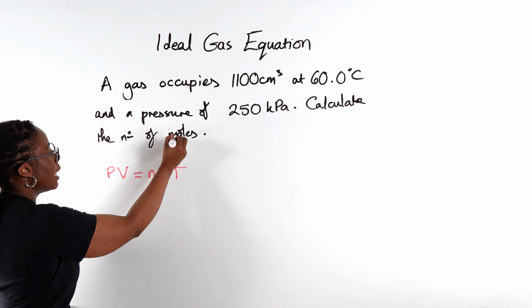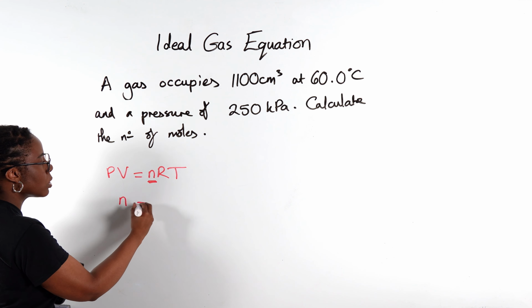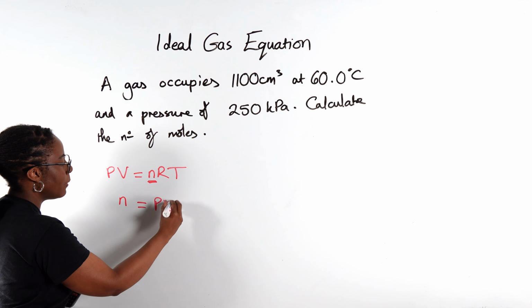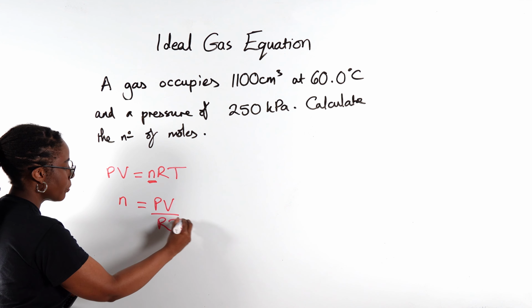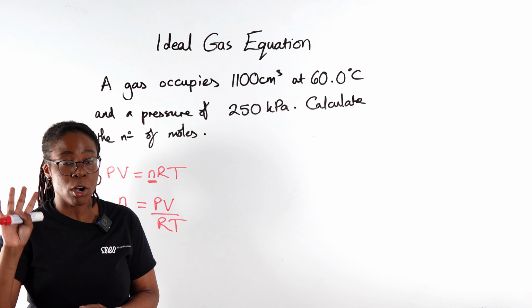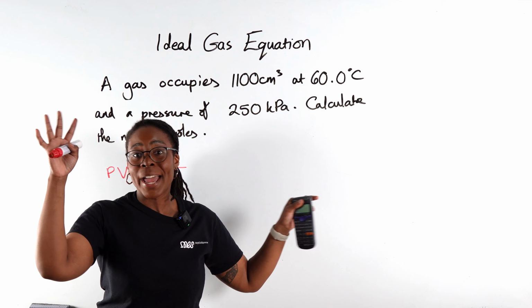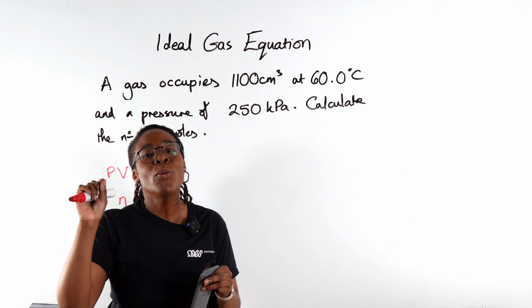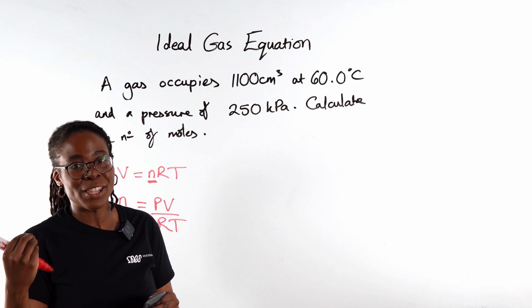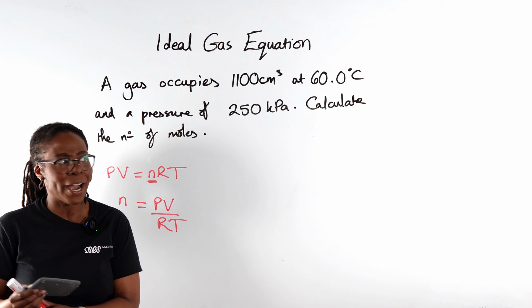In this case, they want the number of moles, so we're going to rearrange this as moles are equal to PV over RT. Again, I'm still not ready to put any numbers into this expression because first, we need to go on a side quest, put everything in the right units, and only when you are happy that everything is in the correct units, then you can come back and try and get your final answer.